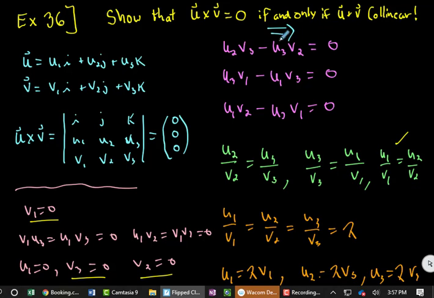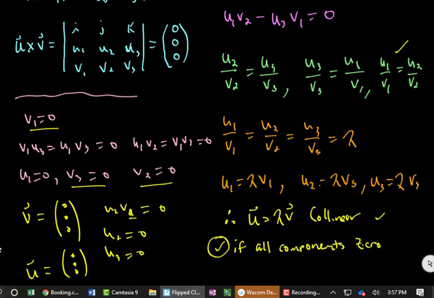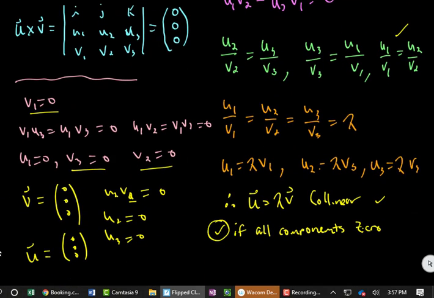Now we've got to go the other way, right? We've got to start with the fact that they're collinear. So let's do this. First we start with vector u. If vector u is collinear, then there's some lambda times v, and we need to show that the cross product is going to be equal to 0.